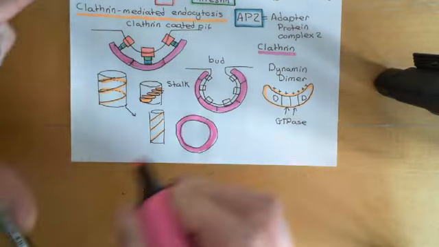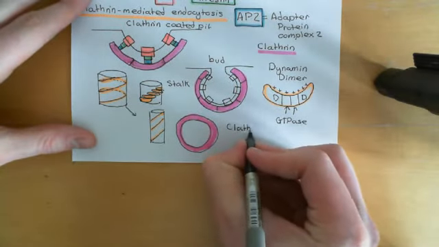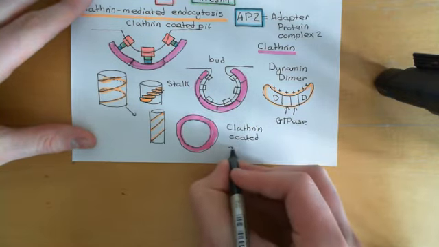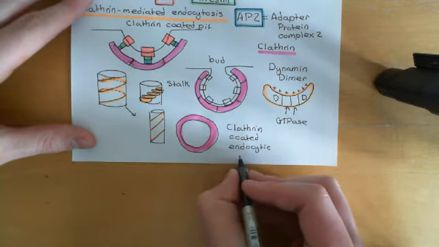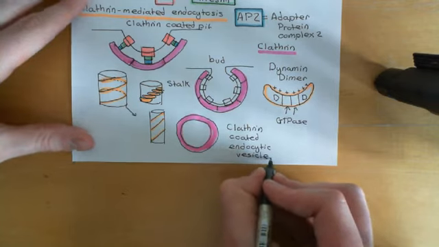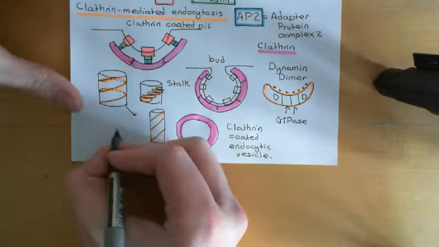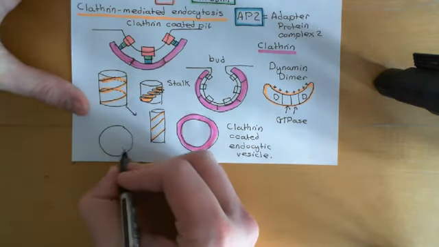Then the coat is going to come off: the clathrin is going to come off and the AP2 is going to come off. What's remaining there will be our endocytic vesicle with our G protein coupled receptor in it.